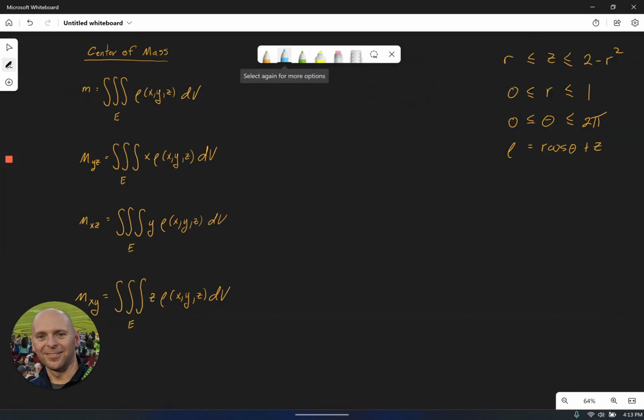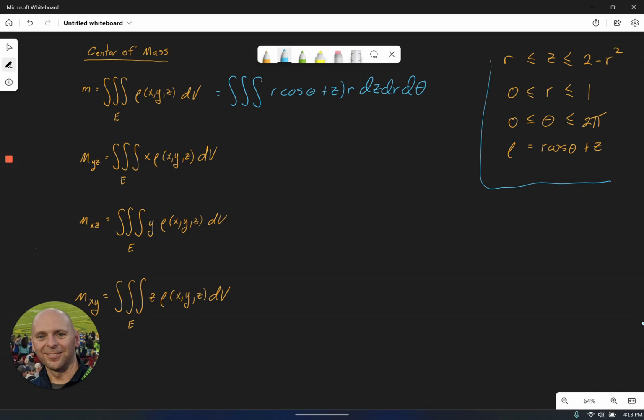Okay, so I've kind of reset here so we can complete our integrals. We've got our limits of integration as well as our density over here on the right. It's really just a matter of filling these things in at this point, making sure that we're careful as we do it. So we'll take the mass, which is going to be our triple integral of the density function, r cosine theta plus z, times dV, but of course for cylindrical coordinates, dV is r dz dr d theta.